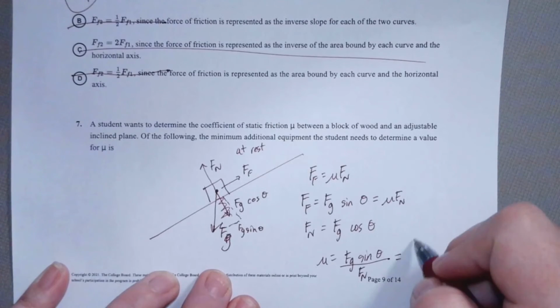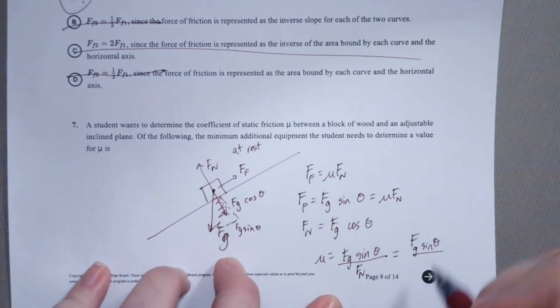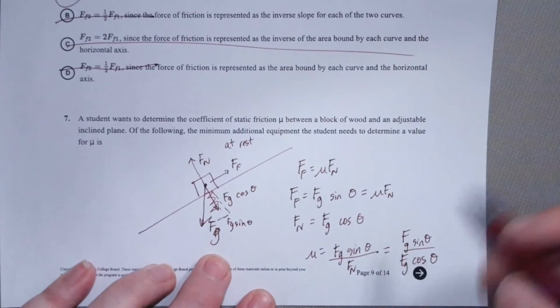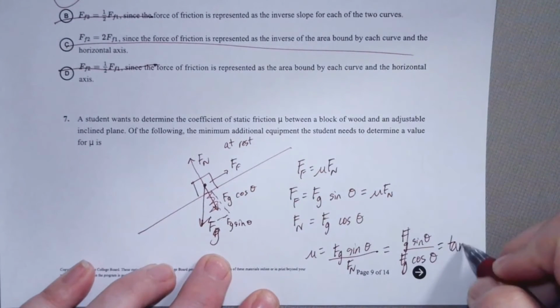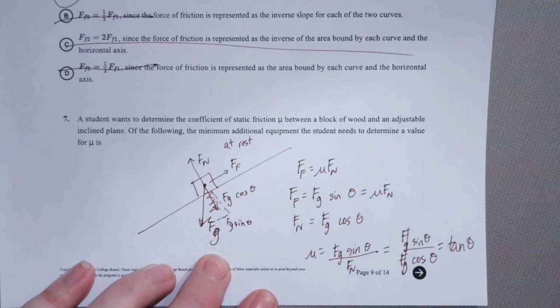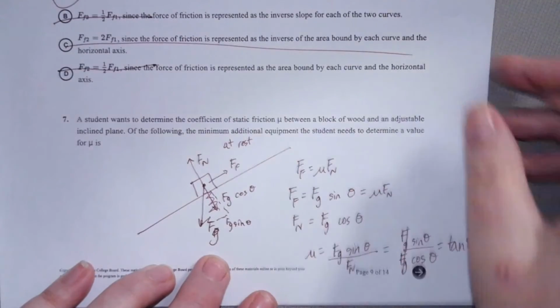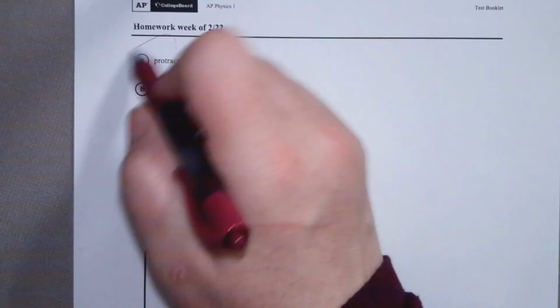So we've got mu equals Fg sine theta over Fg cosine theta. Okay, which just means those cancel out, which means mu equals the tangent of theta. So it looks like all we need is to find the angle. And so that means we just need a protractor.